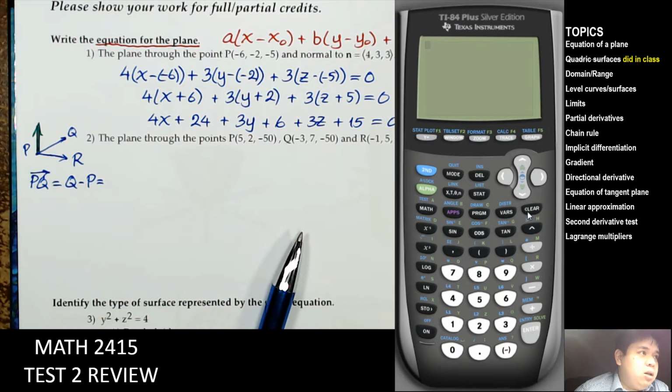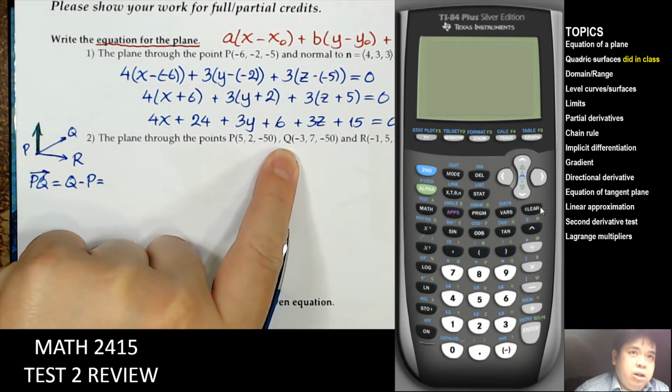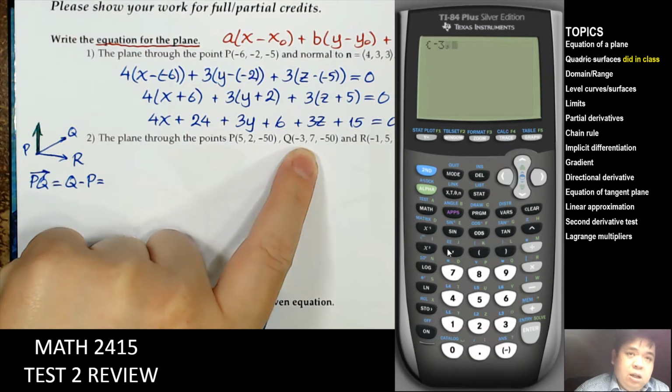So pretty much we take the point Q. If we use the vector, we use second parentheses: negative 3, 7, and comma negative 50. Close the bracket.